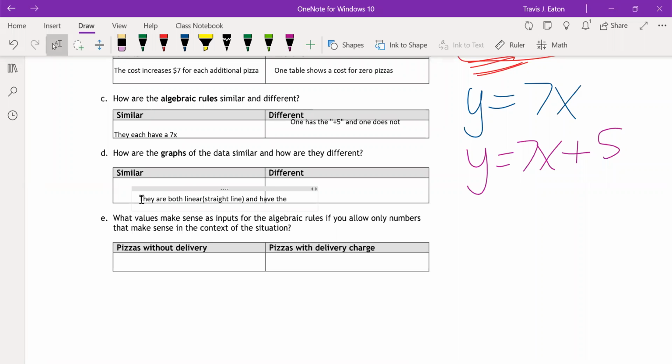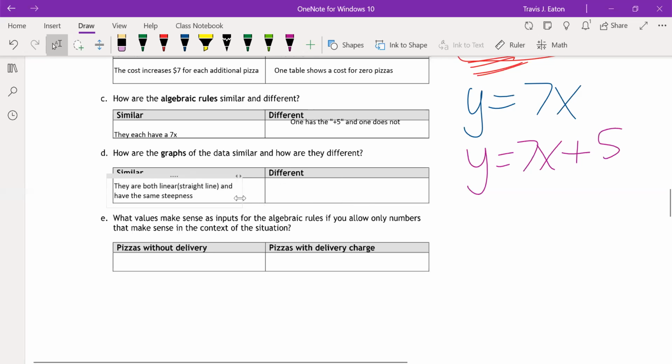They have the same steepness. Uh-oh, I ran into the other grouping there. I'll have to move this up and shorten it. There we go. Lovely. They are both linear, meaning they form straight lines and have the same steepness. But how are they different?